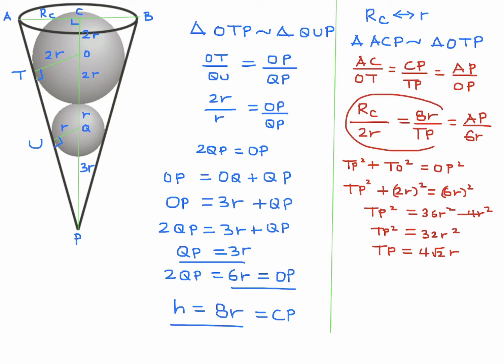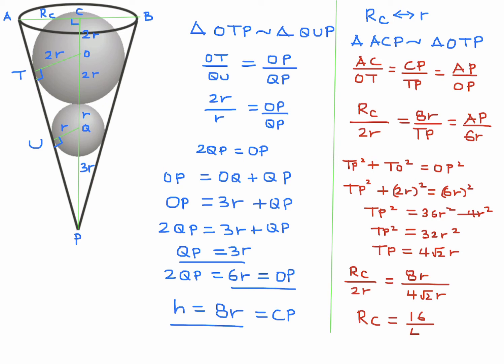So now we can go back and use that relationship. So RC over 2R is equal to 8R over TP, which is 4 root 2R. Okay, so that means RC is equal to 16 over 4 root 2R.